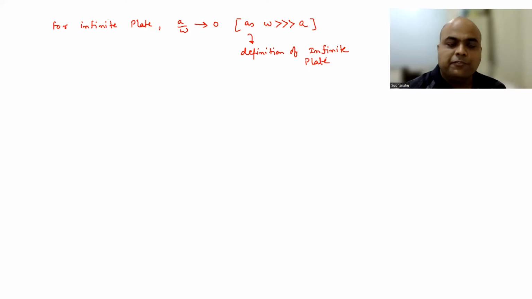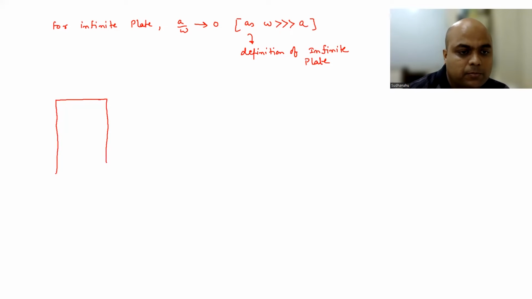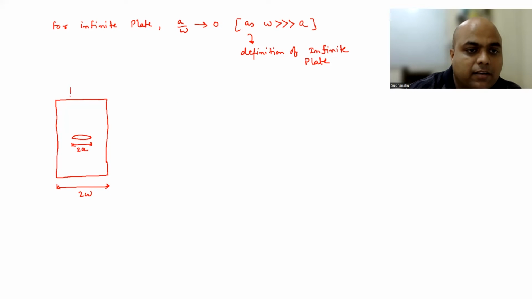So for infinite plate, A by W tends to 0. So now if I take a plate of say width 2W, it has a crack of length 2A, and it is under applied stress of sigma.